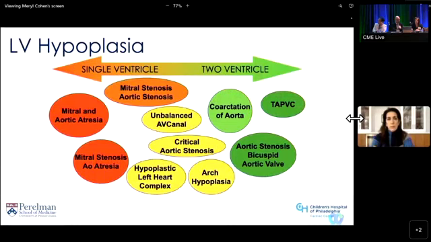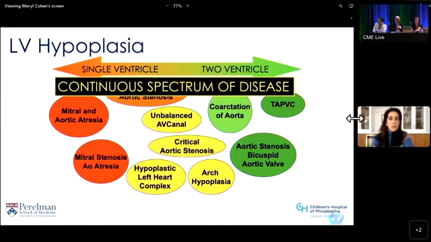Left ventricular hypoplasia overall has a continuous spectrum of disease, from mitral and aortic atresia, where the left ventricle is essentially not formed, to total anomalous pulmonary venous connection, where the left ventricle is compressed by the right ventricle because of the physiology, but in a group of patients who we would essentially always do a two-ventricle repair.